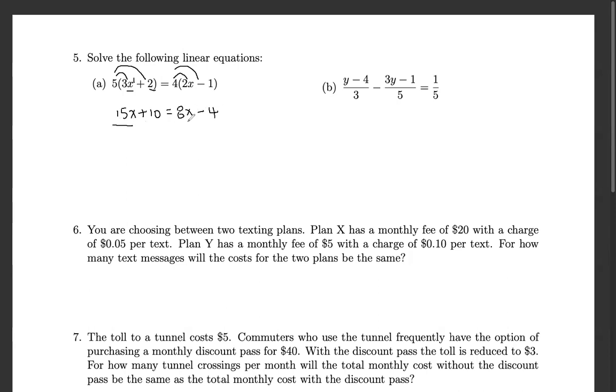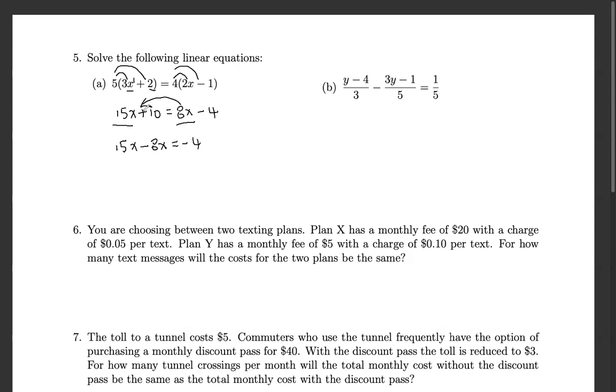Now we need to combine like terms. We saw 15x and 8x are like terms, but they're not on the same side of the equation. So we need to move 8x to the other side of the equation. When we move from one side to the other, we need to change its sign. So 8x on the right-hand side is positive. When we move to the left-hand side, it becomes negative.